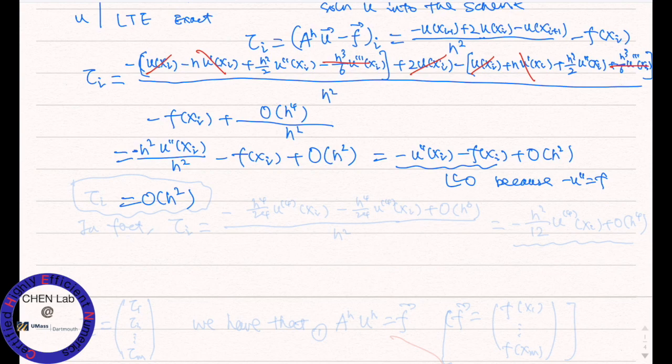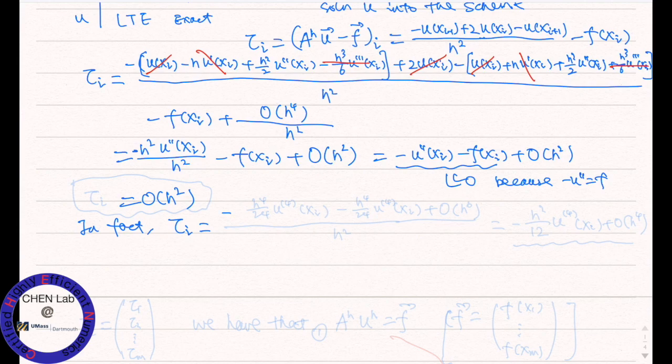Indeed, it's better for us to actually figure that out. What is that equal to? In fact, the tau i here is that. So what we ignored from above, you can see the pattern.